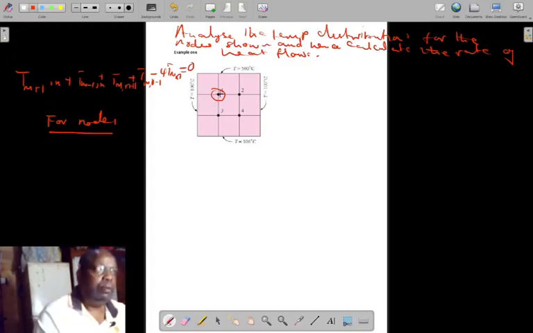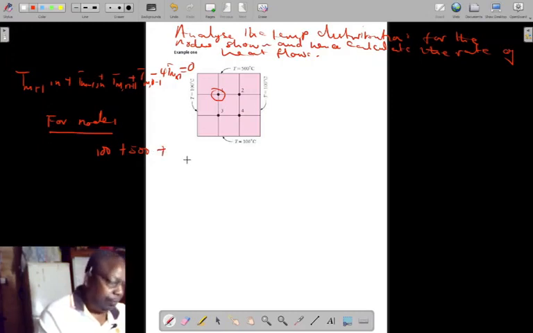So if you move that way, that is T(m-1,n) here, you'll go to the surface that is at 100 degrees, and from that node if you go up, that is T(m,n+1) here, you go to the 500 degrees.